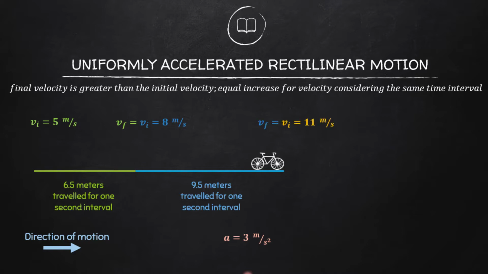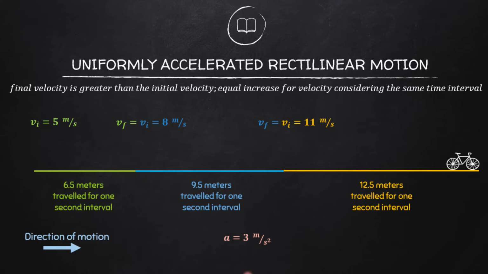Again, we added 3 meters per second. And then after another second, it has traveled 12.5 meters with the same time interval of 1 second. And its final velocity at the end of this interval is now 14 meters per second.